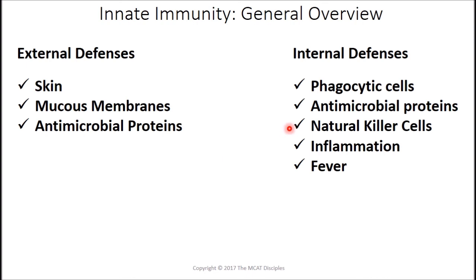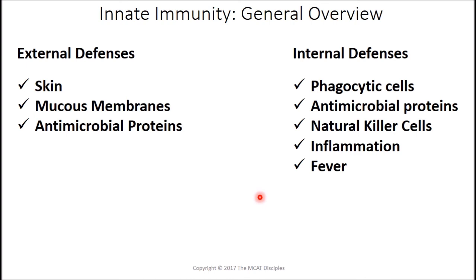Those guys use a set of proteins called perforin and granzymes to induce apoptosis in virally infected cells, cancerous cells, or damaged cells. And you have inflammation. We'll talk about that. Inflammation is an interesting series of events that hinge upon a lot of basic physiological knowledge. And then we have fever.